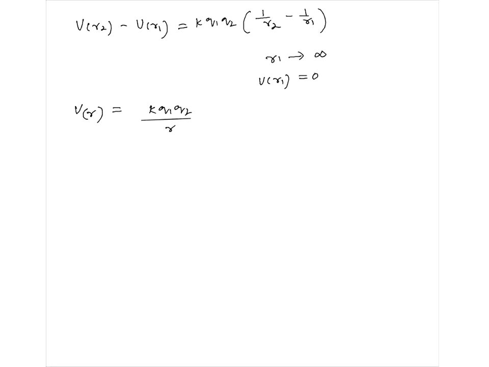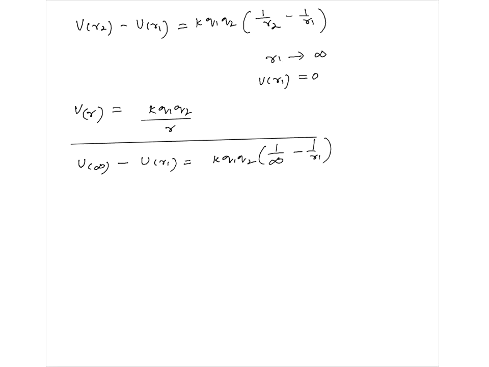If we take R2 as infinity, then it will be U infinity minus U at R1 equal to K Q1 Q2 times 1 upon infinity minus 1 upon R1.